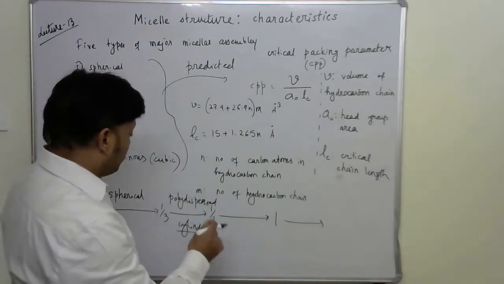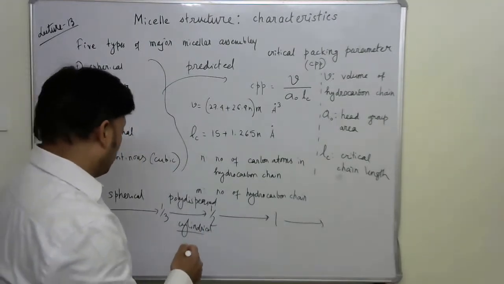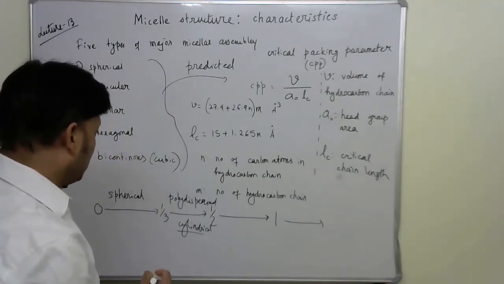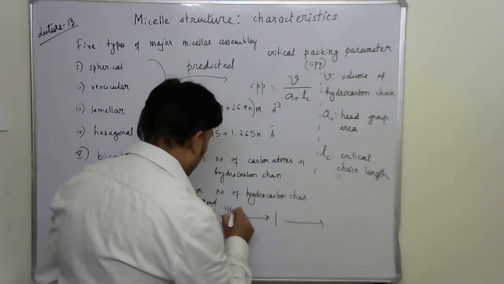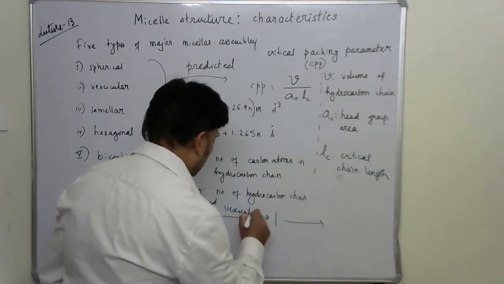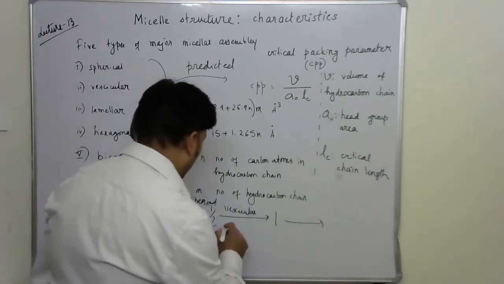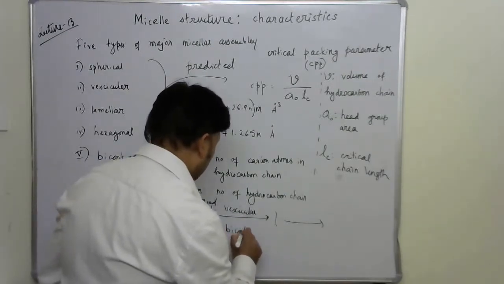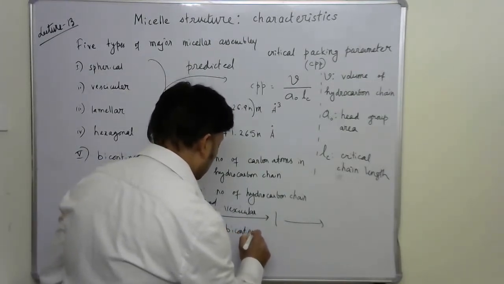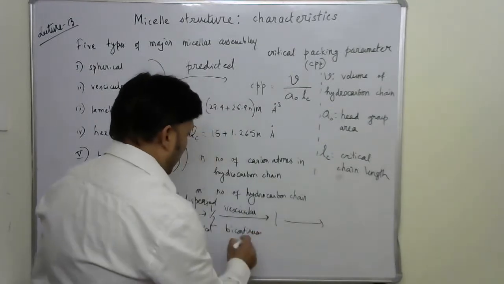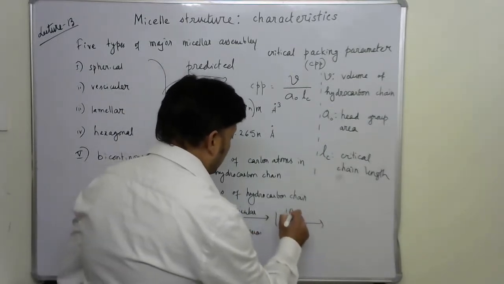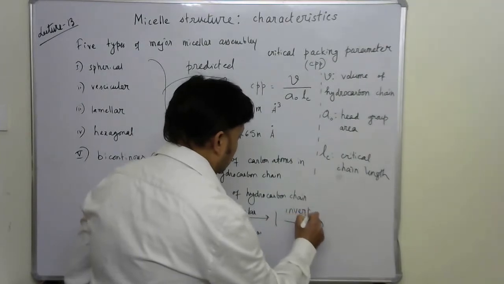And beyond 1/2, between 1/2 and 1, we can see some vesicular structure, and also some bicontinuous phase, and beyond 1 we get inverted structures.